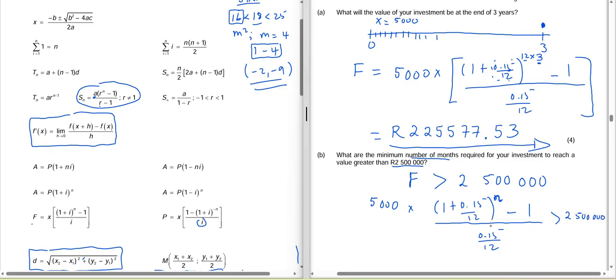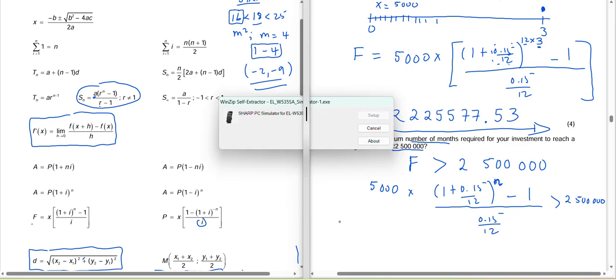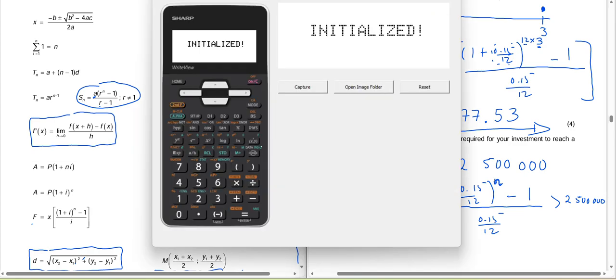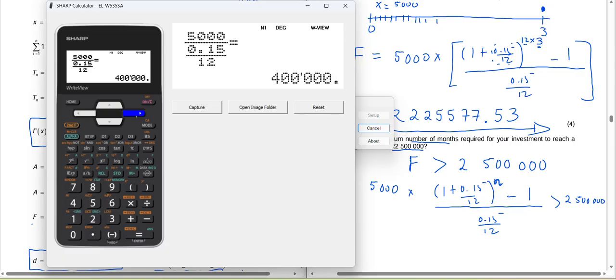Now, let's try to figure out what's going to happen. Let's simplify this 5,000 divided by this, so that we see what we get. 5,000 divided by 0.15 divided by 12 is 400.